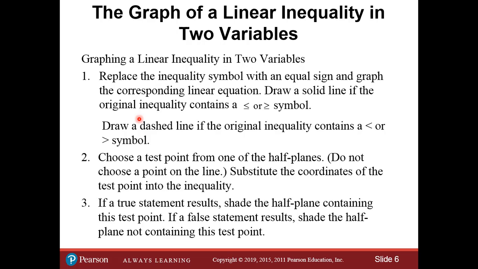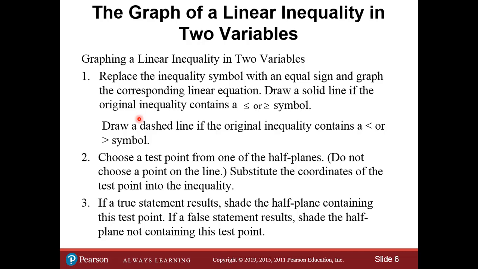So here are the steps. We're going to temporarily replace the inequality sign with an equal sign, because we're going to graph the line first, because that's the starting point. That's going to be part of the solution possibly. Now if it's less than or equal to or greater than or equal to, then we're going to draw a solid line for the original line.